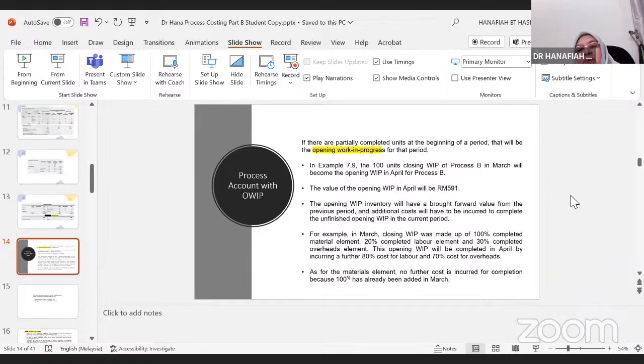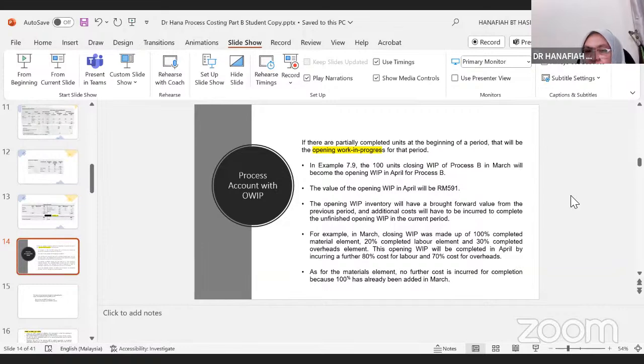And this work in progress, let's say it is in March. So we have what we call closing work in progress. However, this closing work in progress would be the opening work in progress in April.